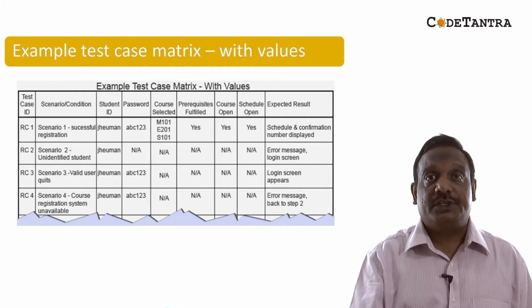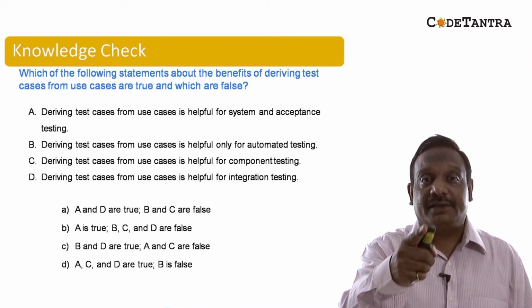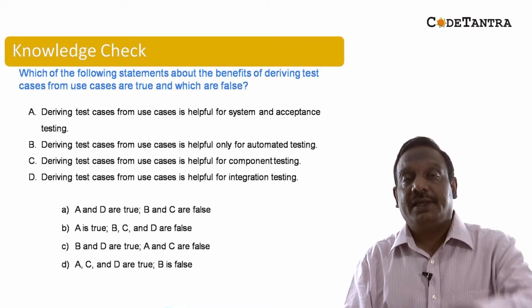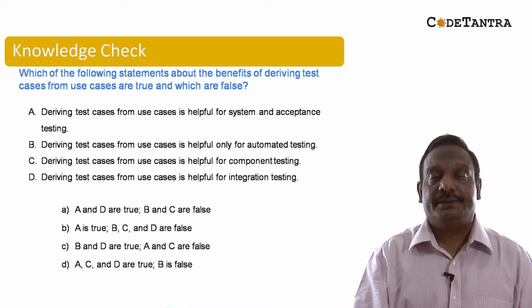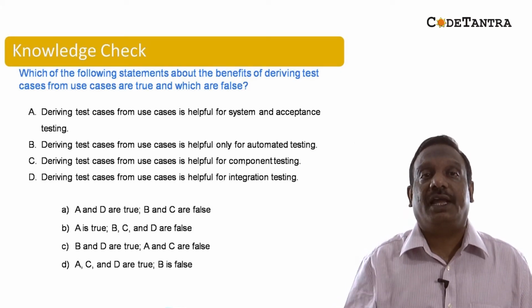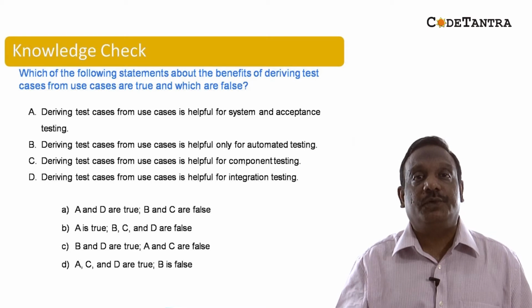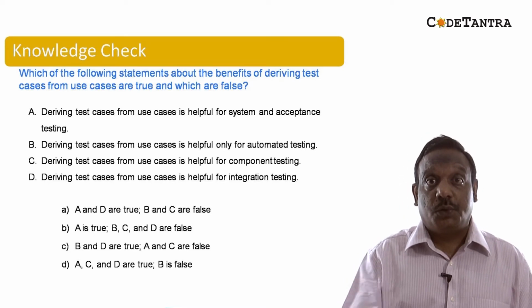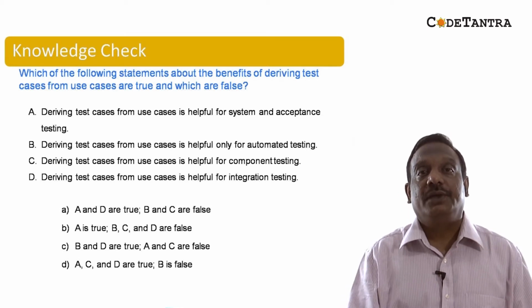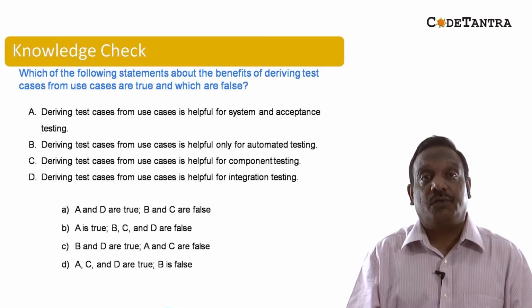Before we stop this lesson, let us look at some questions on use case testing. I have a sample question on your screen. Which of the following statements about the benefits of deriving test cases from use cases are true and which are false? So what is the usefulness of use cases, and what is true and what is false?